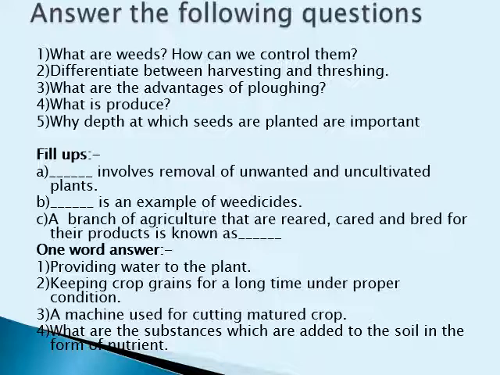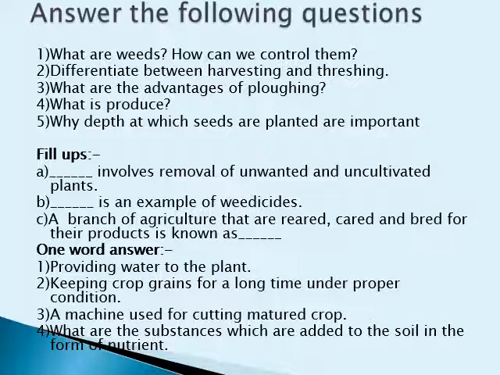Weeds grow naturally, so we can use various methods by which uprooting of the weeds can be done. It can be by the hand pulling method. We can also use tools called khurpi, or we can use a machine called seed drill by which uprooting of the weed can be done.